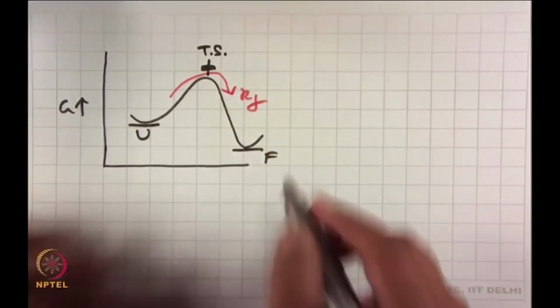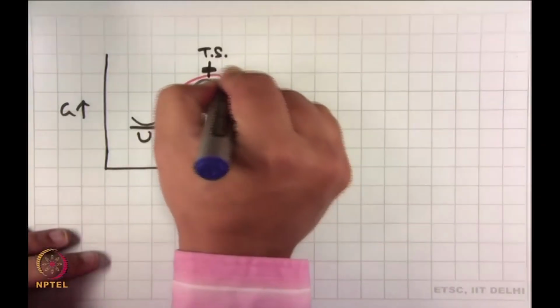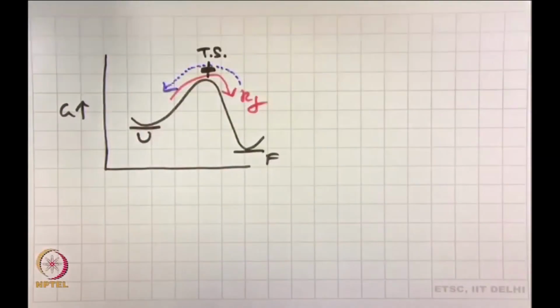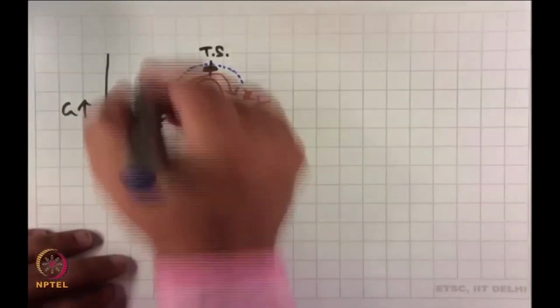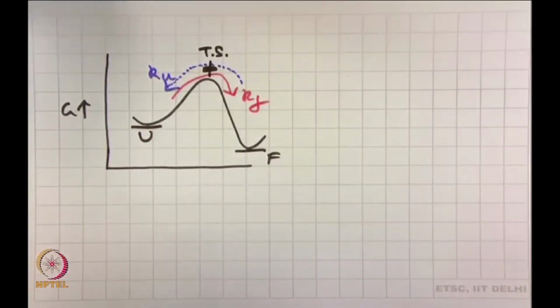Similarly, if you are looking at the reverse process, that is going from the folded to the unfolded state, what are you looking at? The rate constant is Ku, right, because you are looking at the unfolding process. Simple.